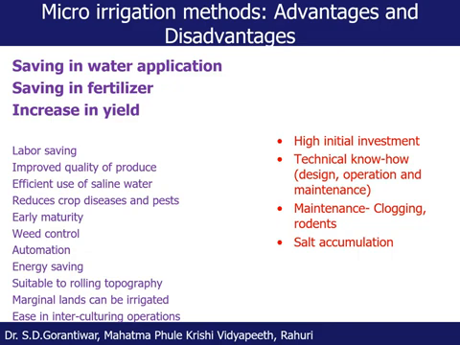Fertilizer nutrients, they are to be applied for the better growth of the plant, for better productivity. Then there is a saving in fertilizer as well. So you may wonder why there is saving in fertilizer. Okay, because you know that when we apply the fertilizer, we have to apply fertilizer with water, because fertilizers get dissolved in water, and as water moves in the root zone, fertilizer will also move.